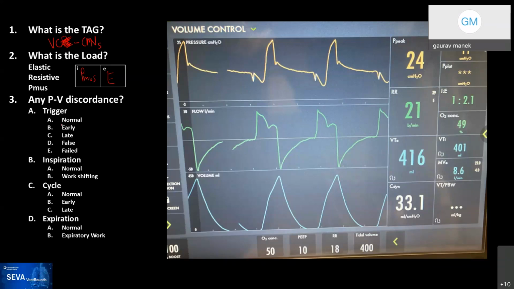So I would say that trigger is normal. There's inspiratory work shifting. The cycling may be a little bit early for the patient because the patient seems to want a longer breath. And it's normal expiration. You can see a nice exponential decay in the flow waveform.